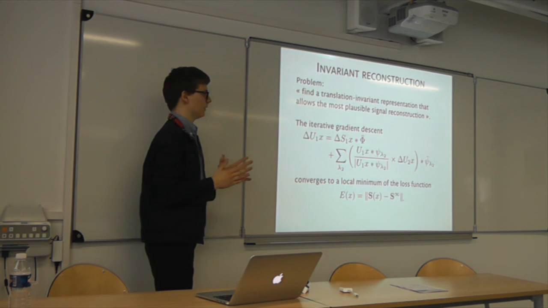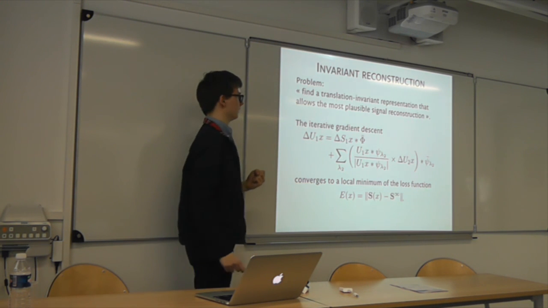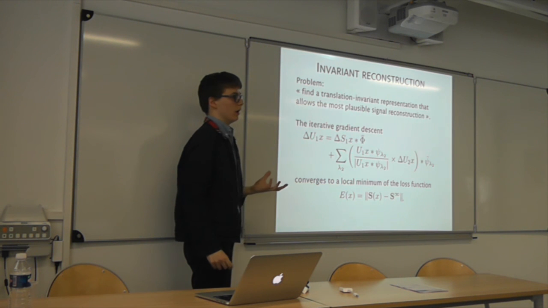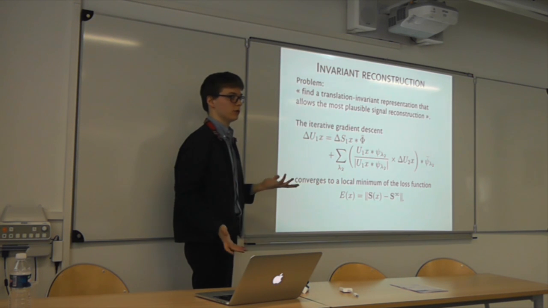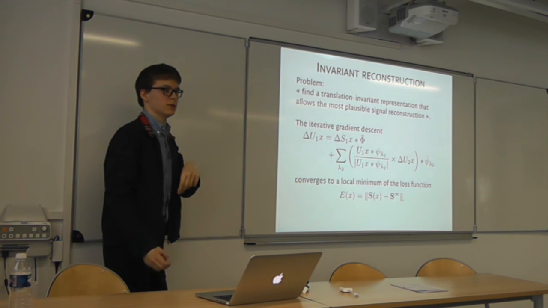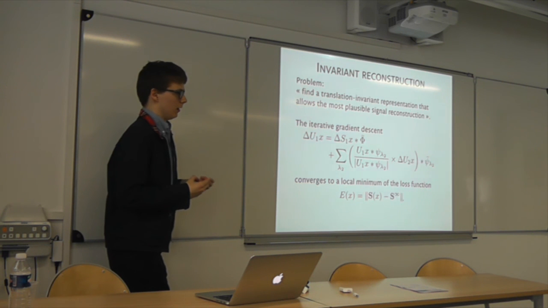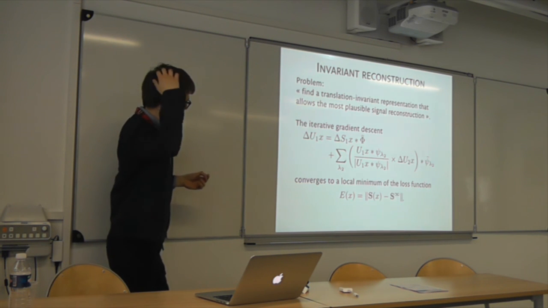So the problem here is, given the S and only the S, not the original signal, can you generate an audio surrogate for the signal that would match perceptually the original target? So it's about reconstructing signal from an invariant representation.